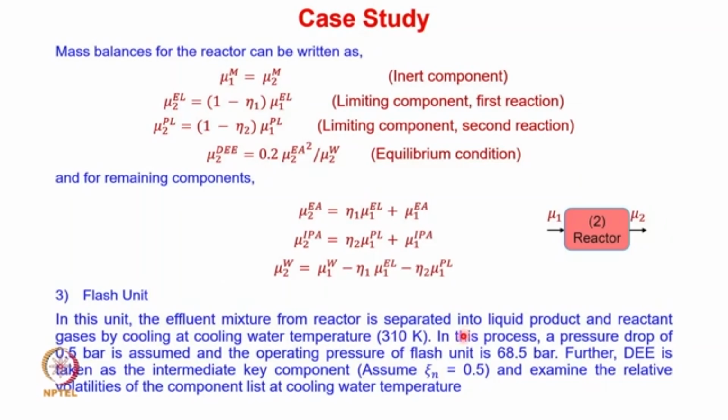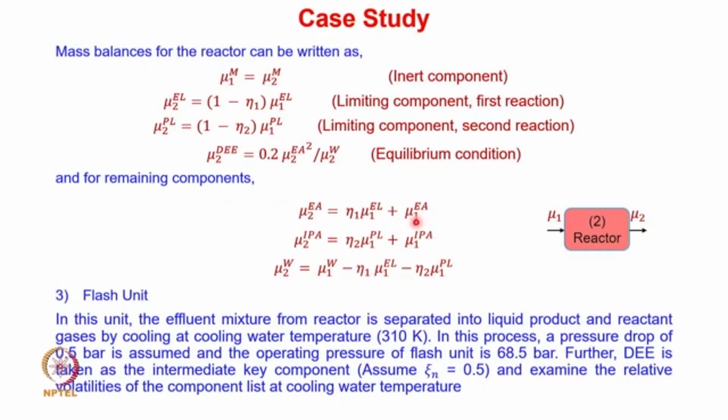Now these are with respect to the reactants. Again we can write down the relations with respect to the products formed. In this case the product formed is ethyl alcohol from ethylene. The molar flow rate of ethyl alcohol coming from the reactor will be whatever the molar feed rate of ethylene to the reactor is, multiplied by the conversion, plus mu1 Ea.